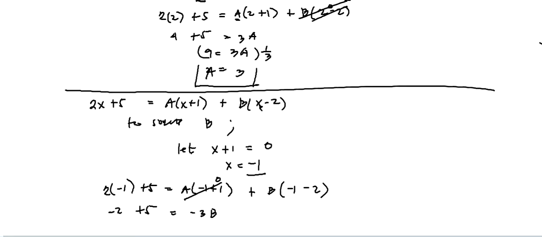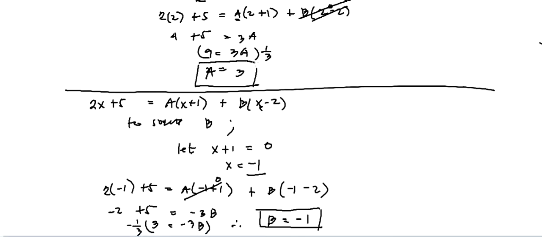So -2 plus 5 is 3, which is equal to -3b. Therefore, to get the value of our b we need to divide both sides by -3. So we have b is equal to -1, right? Because 3 over -3 is just -1. So we now get the values of our a and b, where a is 3 and b is -1.